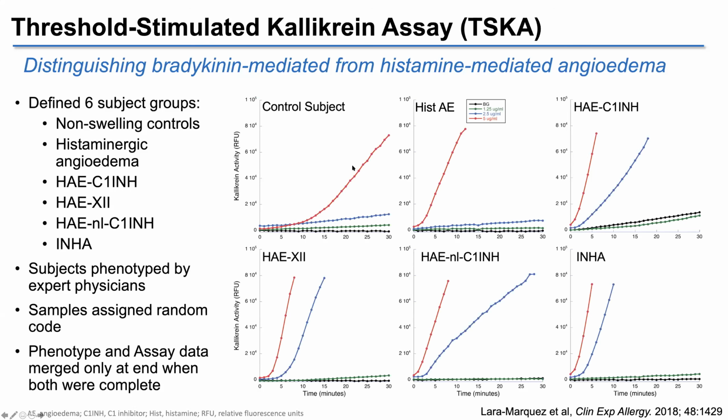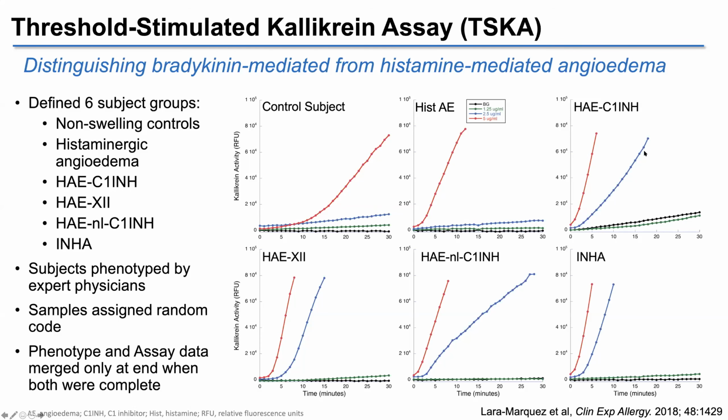And what we found is if we activated the plasma intensely, we could not distinguish any of the cases, as shown in this red line. But we found what we called the threshold dose that really didn't activate the contact system in control subjects or histamine-mediated angioedema.